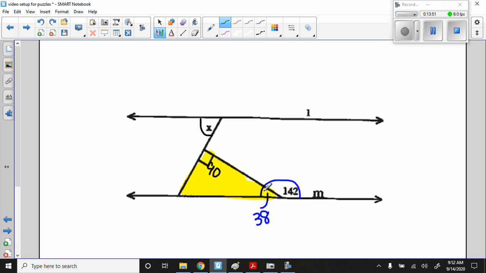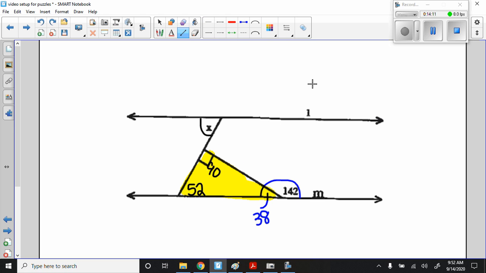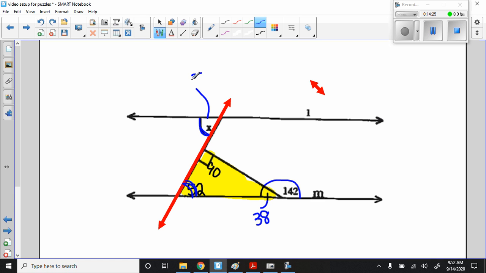So 90 plus 38 is 128. So that means this guy has to be 52 to complete the right triangle. Then I take 52 and get to X. I see a transversal right here. And I'm going to catch alternate interior angles with this 52 and this X. And that's the only way I got to this X here.